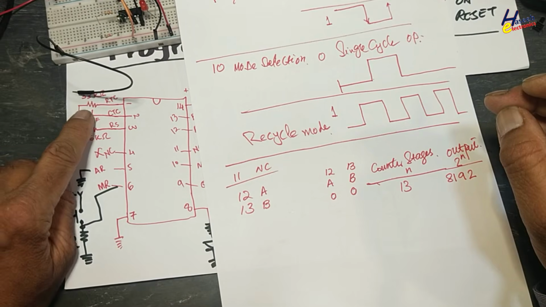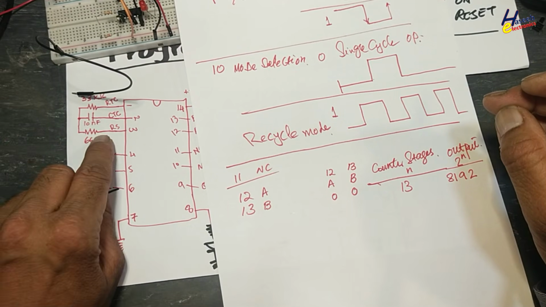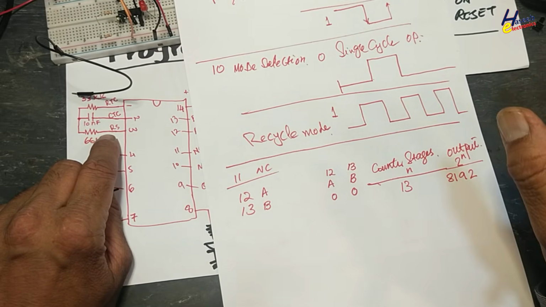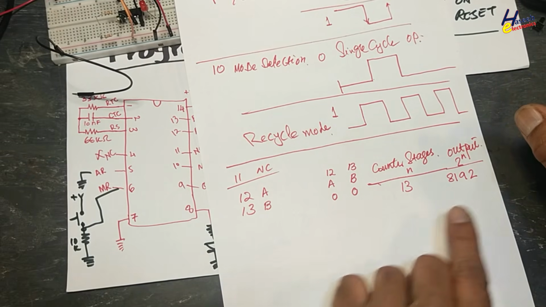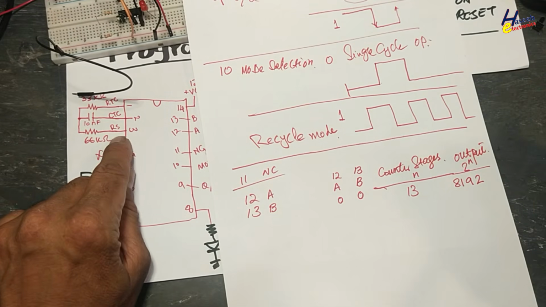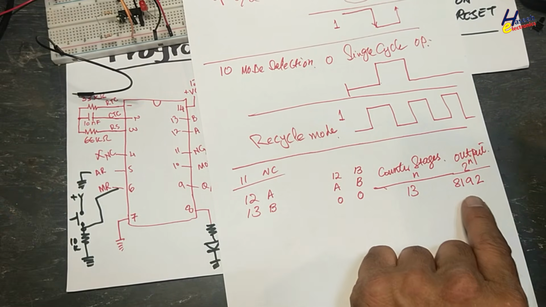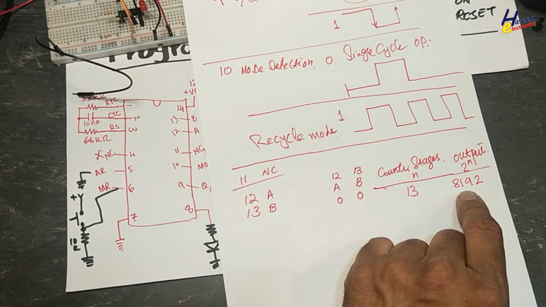In that condition, we will not use these 3 components. Any external signal will be connected at pin number 3. That will be divided by this number when these two pins are connected to low. If we connect 1 Hz frequency, it will provide output after this number of pulses.